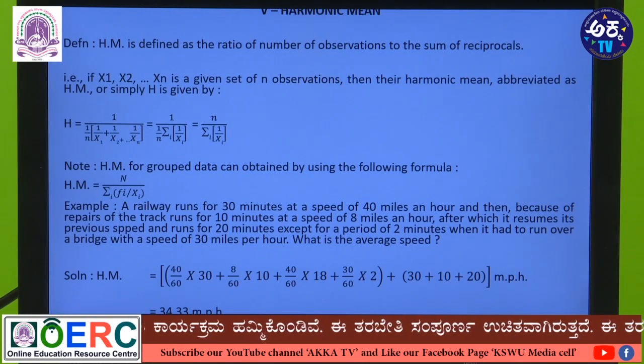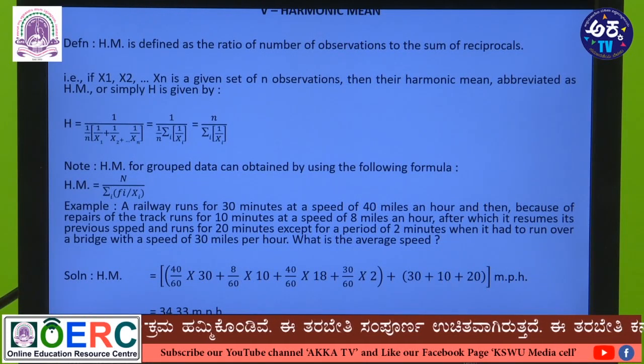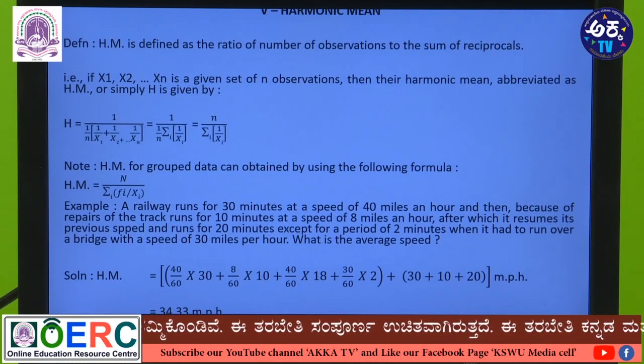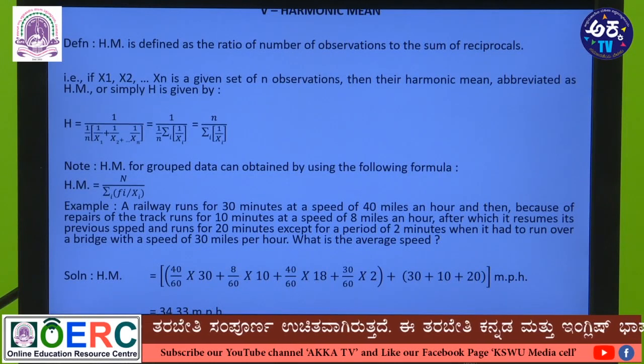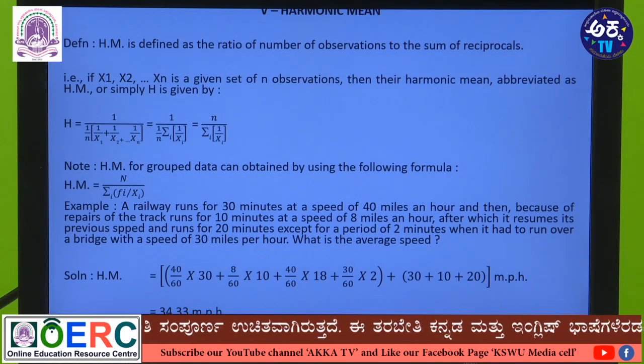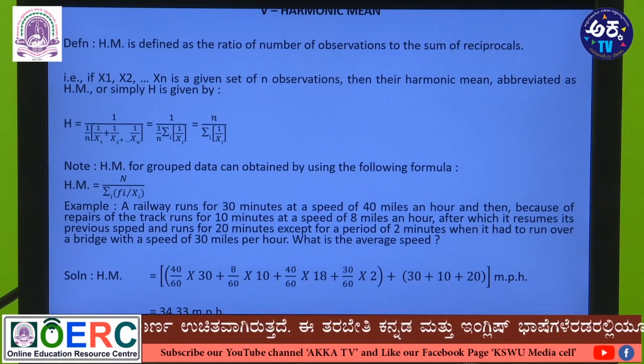Then divided by, there is a typing mistake, it is not plus, it is divided by 30 plus 10 plus 20. The result comes out to be 34.33 miles per hour.